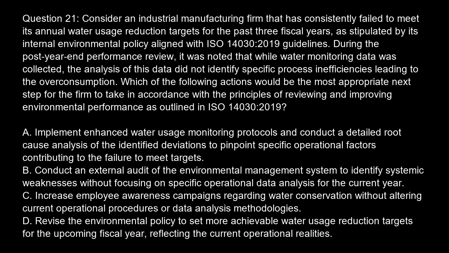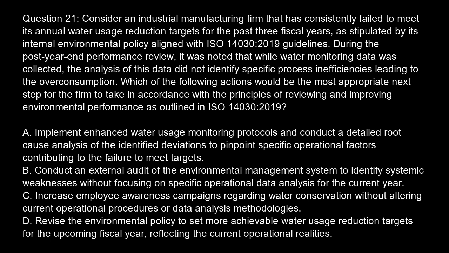Option A. Implement enhanced water usage monitoring protocols and conduct a detailed root cause analysis of the identified deviations to pinpoint specific operational factors contributing to the failure to meet targets. Option B. Conduct an external audit of the environmental management system to identify systemic weaknesses without focusing on specific operational data analysis for the current year.